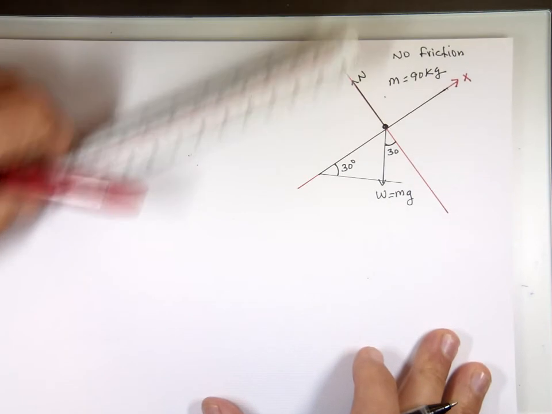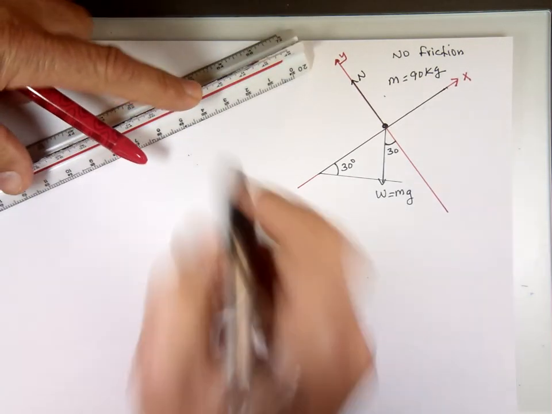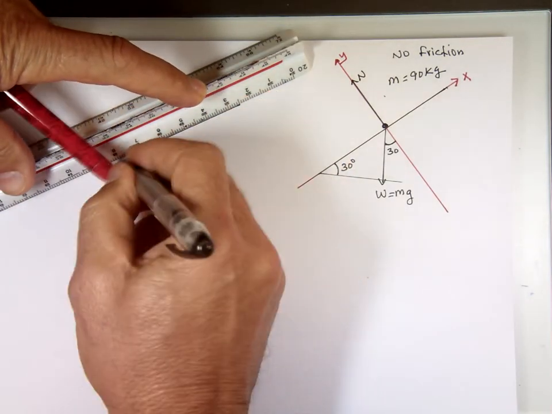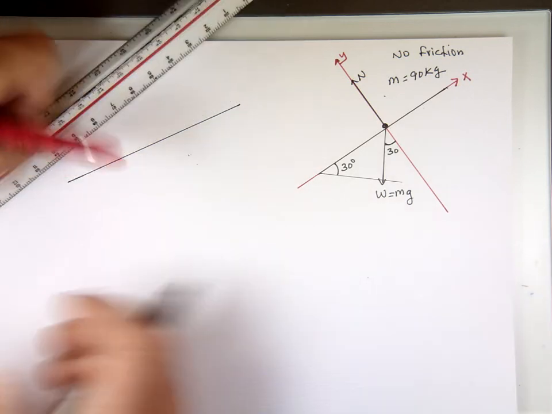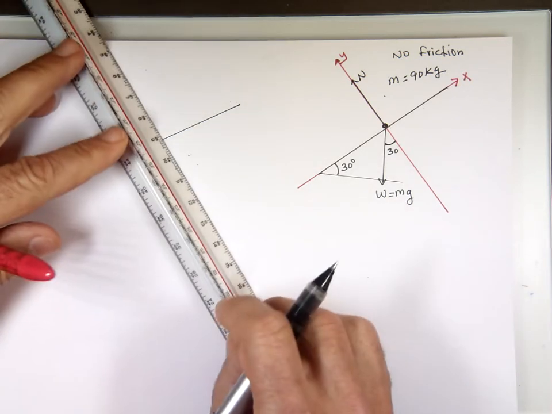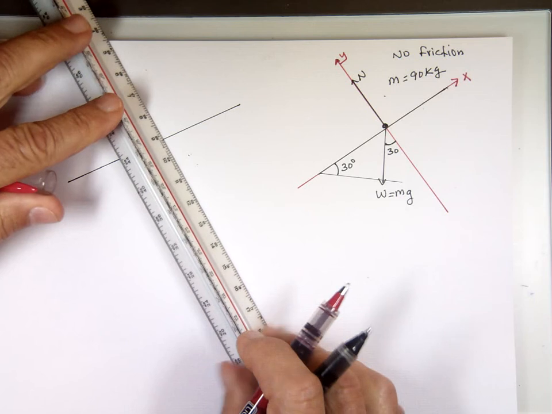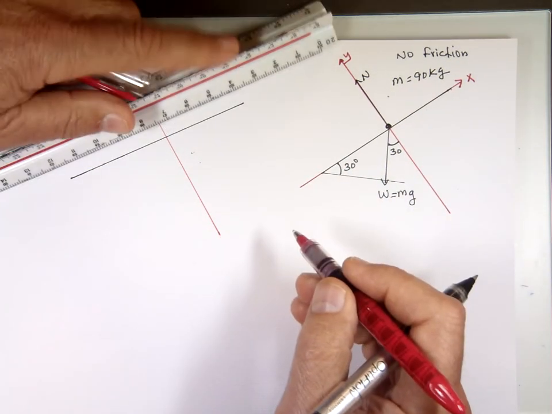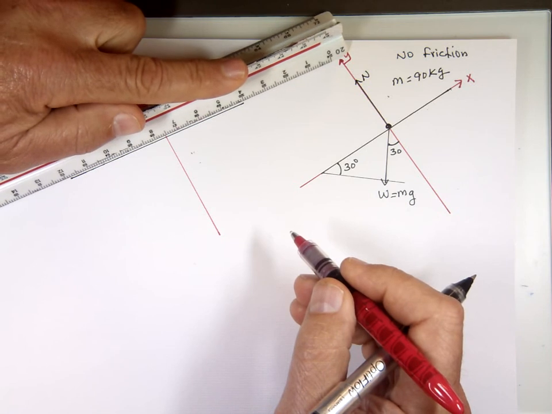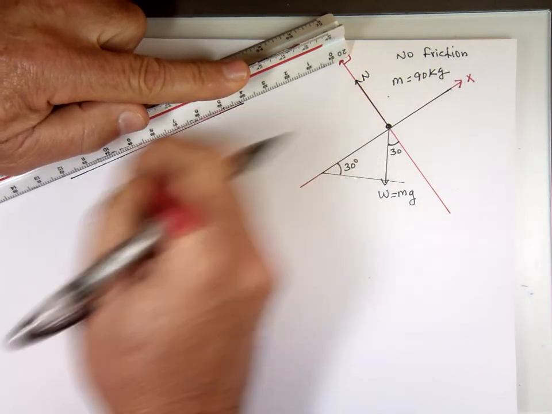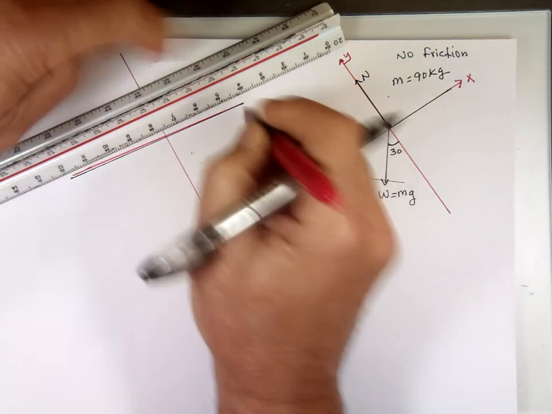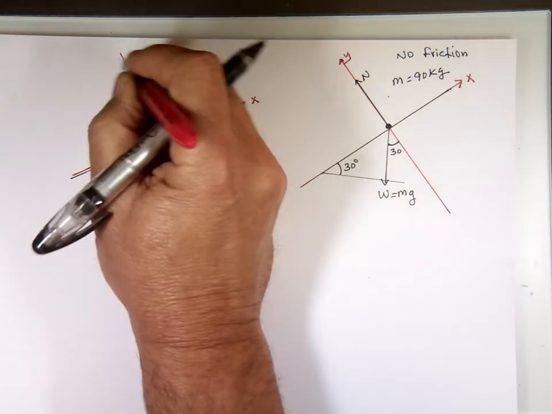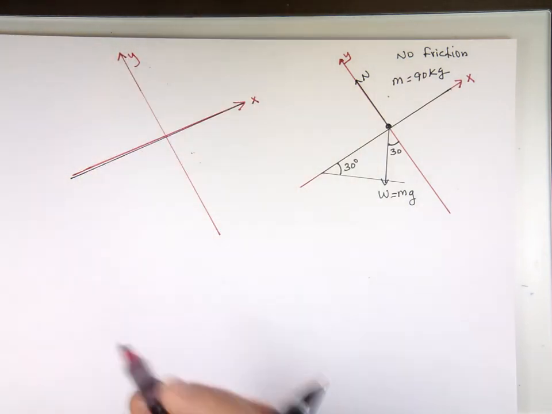So now if we draw that, here we go. I'll put my y and x axes right there. Here's the normal force pushing upward.